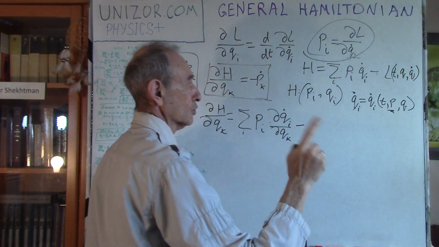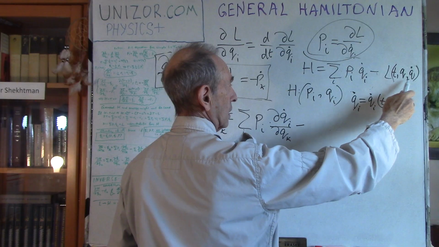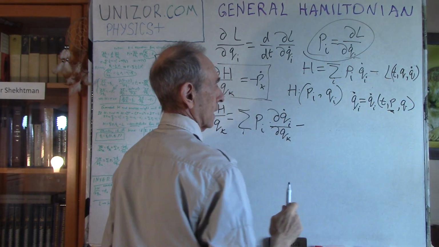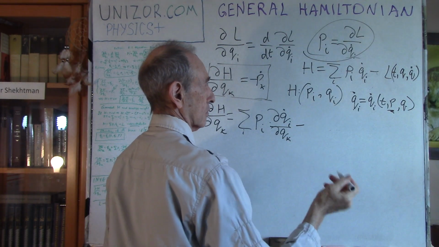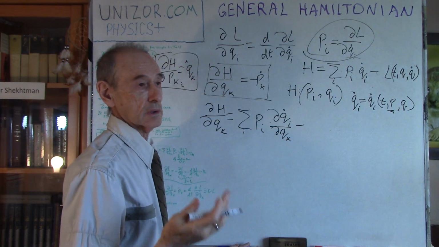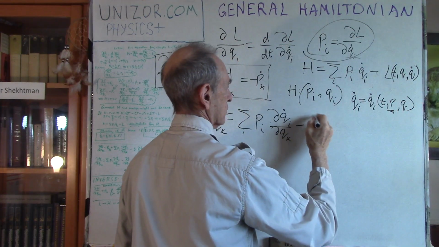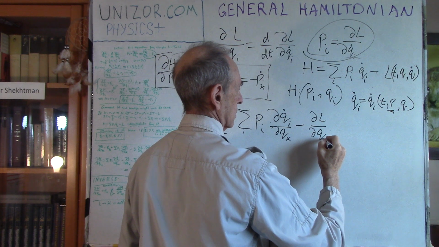Okay. Now, how about here? Here we have two dependencies. Q depends on qk, and q prime and q dot depend on qk. So I have to really again do it as a multivariable derivative. One thing is the partial derivative by q itself.